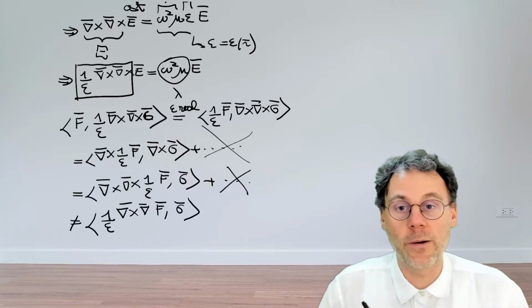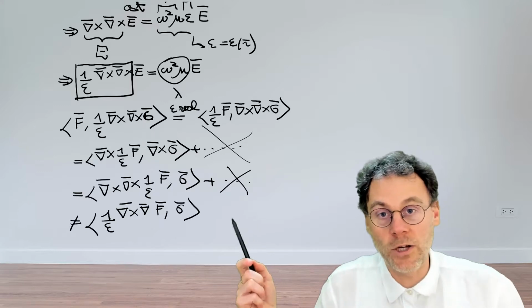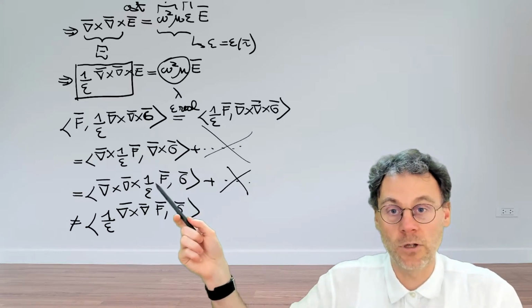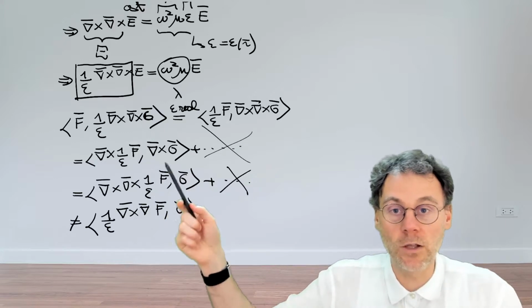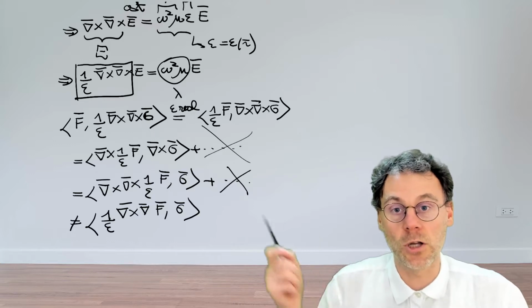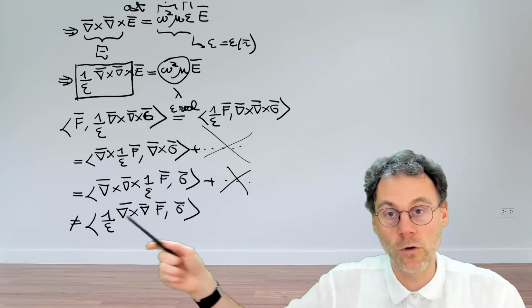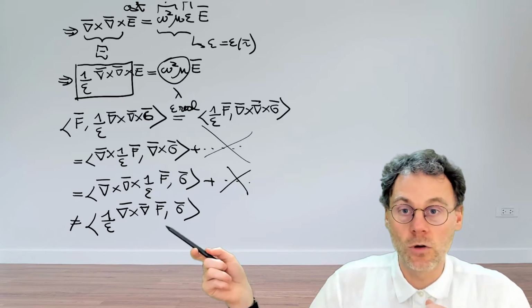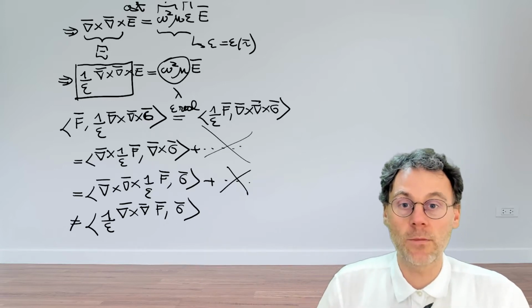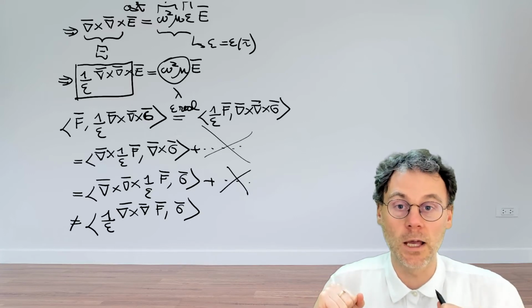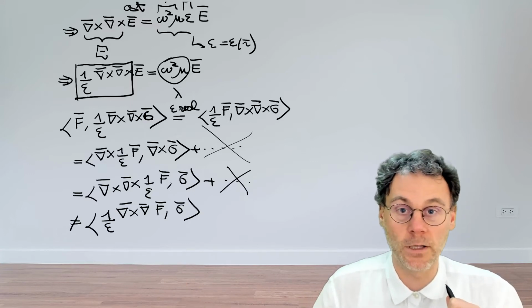And these two are very different, especially, of course, if epsilon is a function of r, because if epsilon depends on the place, then if you take the partial derivatives with respect to the spatial coordinates, things will change, which you do not do here, of course, because there it's on the outer side. So, conclusion, these two are not the same, and therefore the operator for the eigenvalue problem of the electric field is not Hermitian. Pity, but that's life.